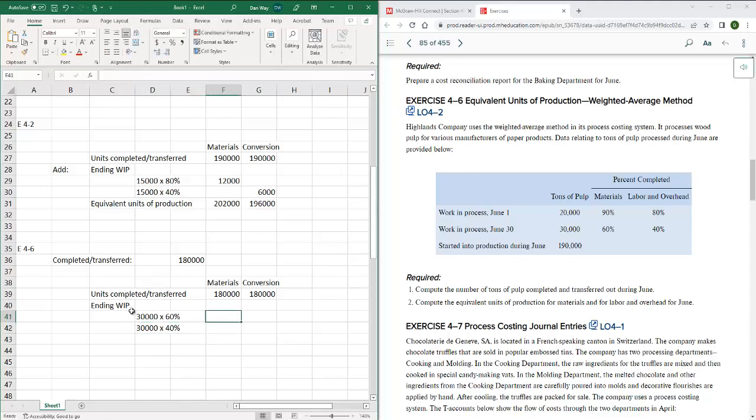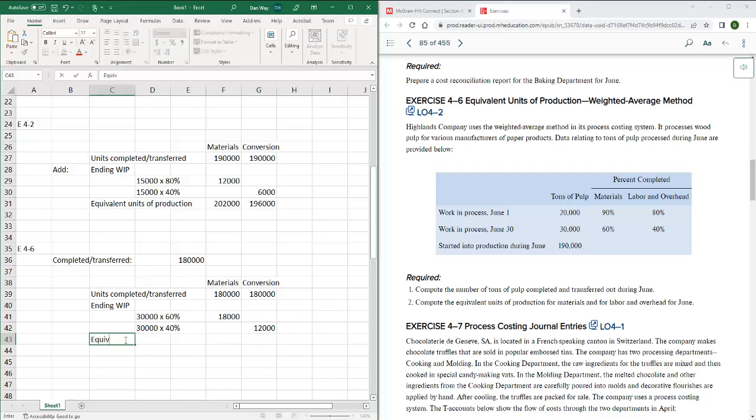So equivalent units in ending work in process with respect to materials: one more time, 30,000 times the 60%, or 18,000. Then over here with respect to conversion, 30,000 tons times the 40%, or an equivalent of 12,000.